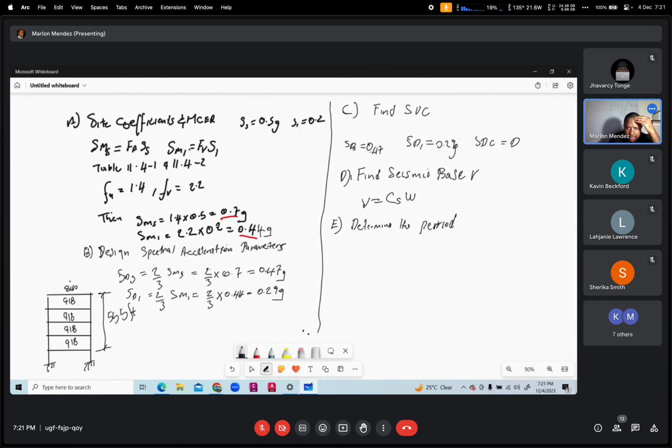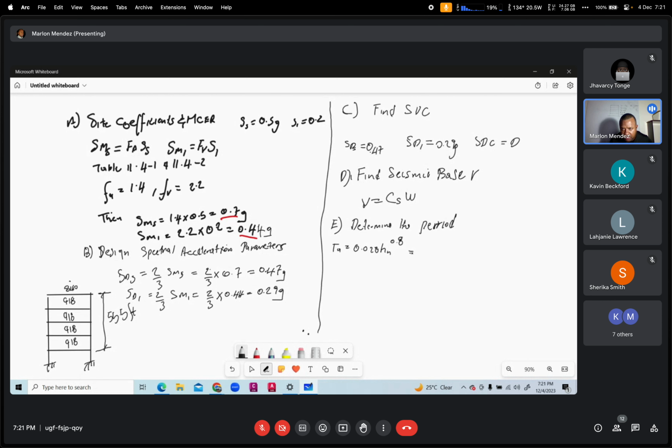All right, so in this case, TA is equal to, which is for steel, 0.028 times HN, which is the height of the structure, raised to the power of 0.8.